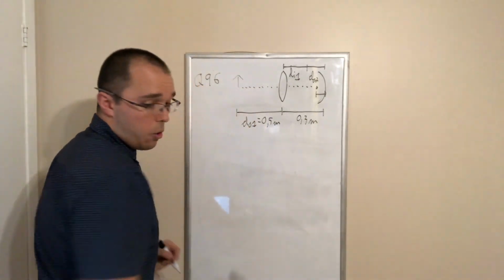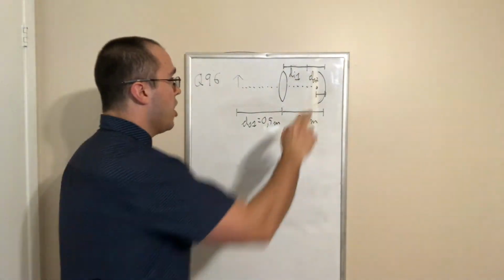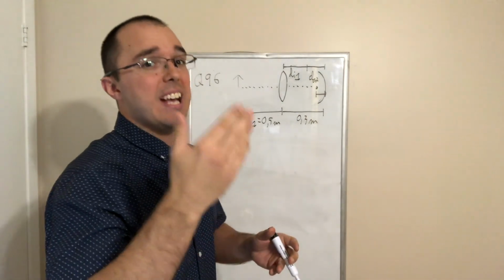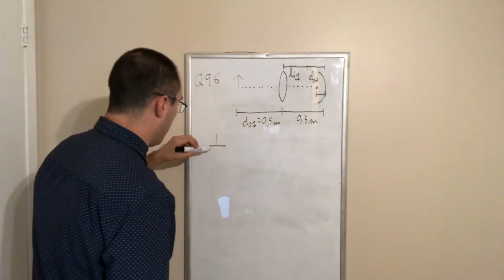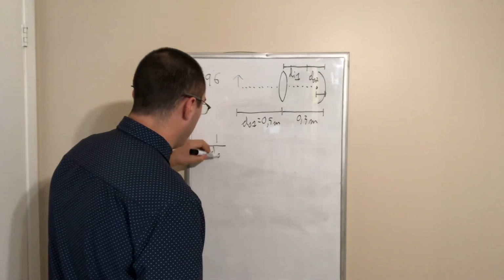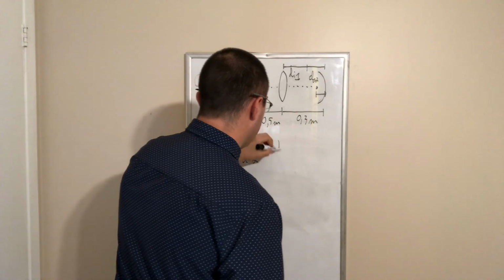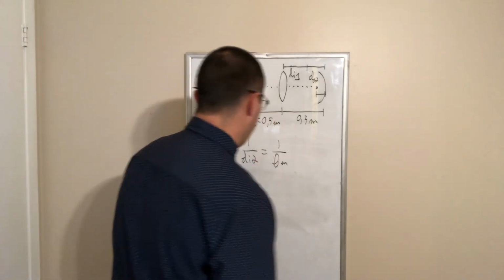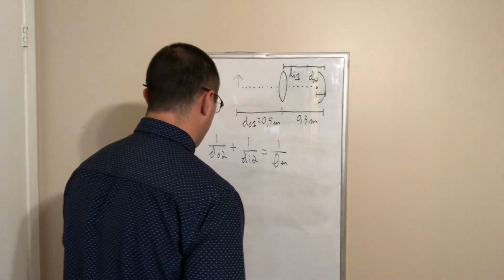All right, so now for the second part, we simply repeat this step. We now have the distance of the second object. It's 8.6 centimeter. We again use the distance formula. So 1 divided by DO2 plus 1 divided by DI2 is equal to 1 divided by FM in this case. We are looking again for the distance of the image here.